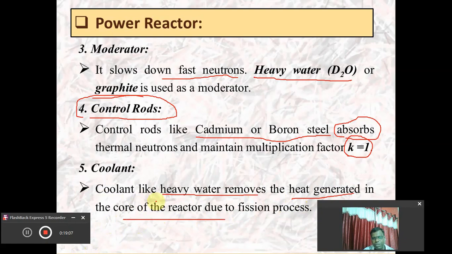This material which removes the heat generated in the reactor is called the coolant. Particularly, during nuclear fission in the core, this excess heat is removed with the help of the coolant, and heavy water is used for the same.